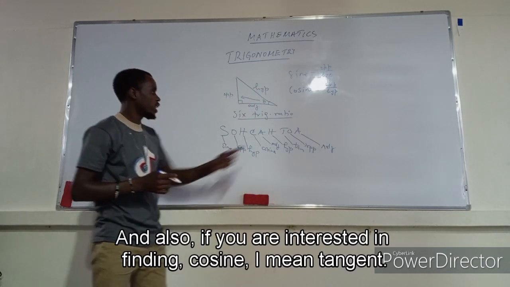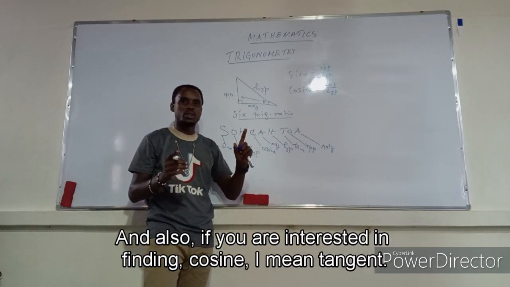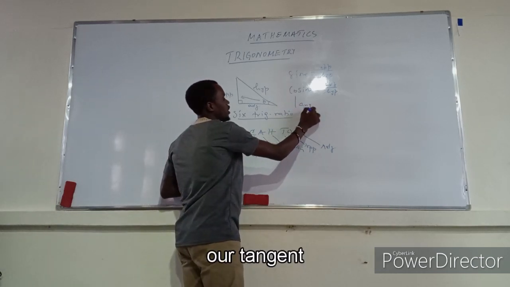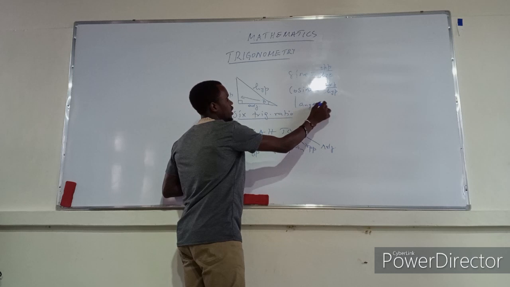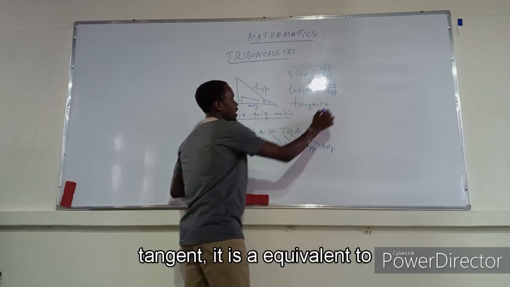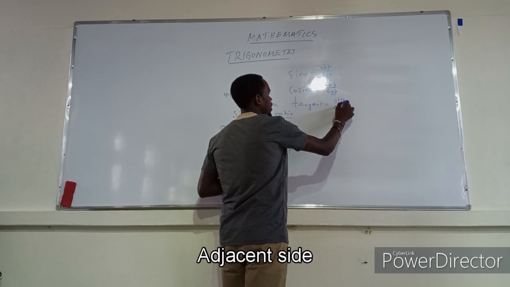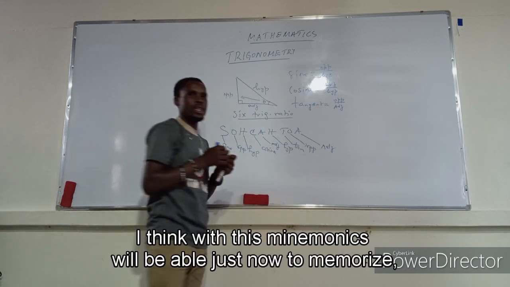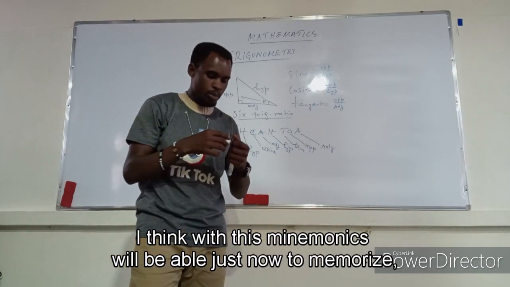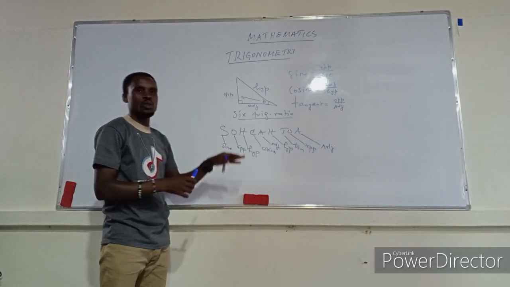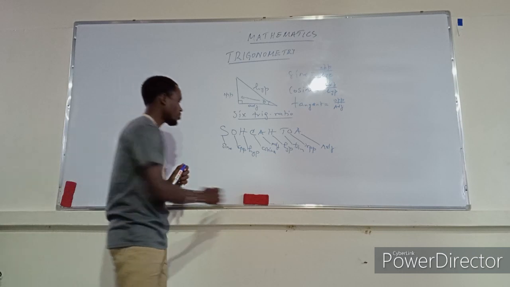And also, the tangent is equivalent to the opposite side over the adjacent side. I think with this mnemonic, you will be able to memorize our trigonometric ratios.